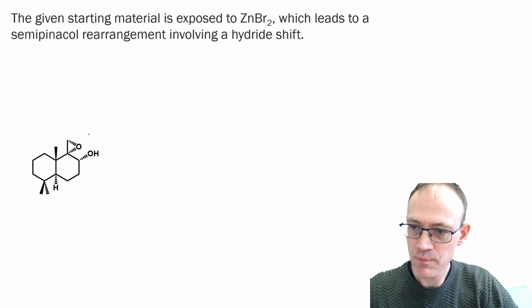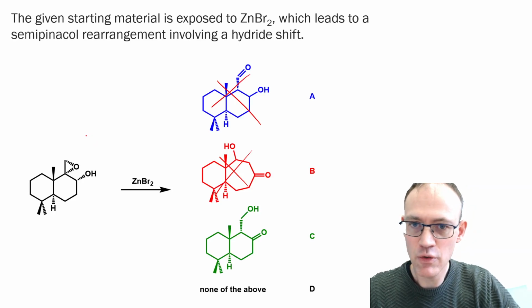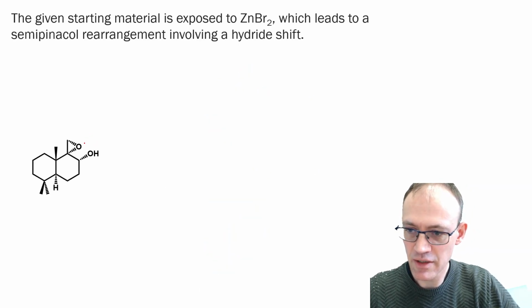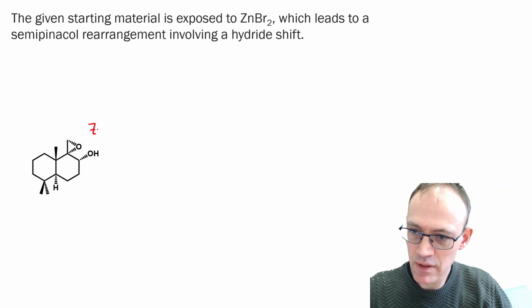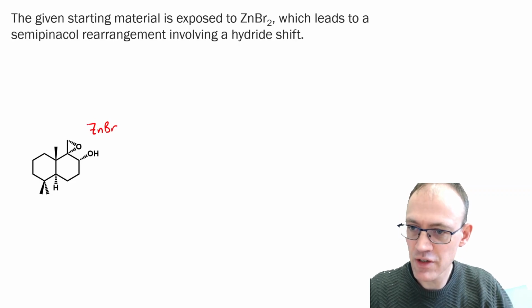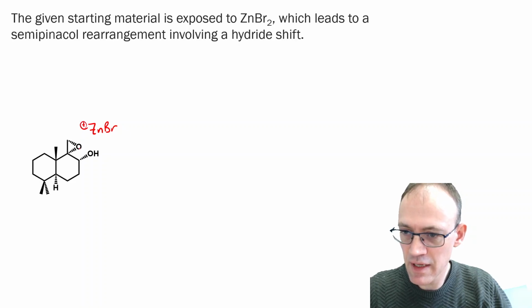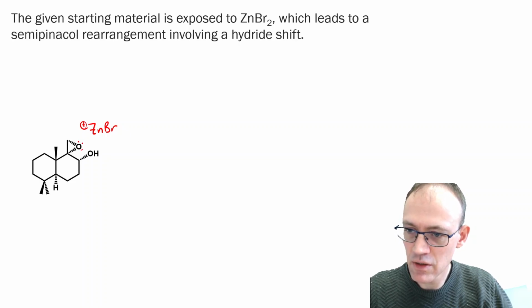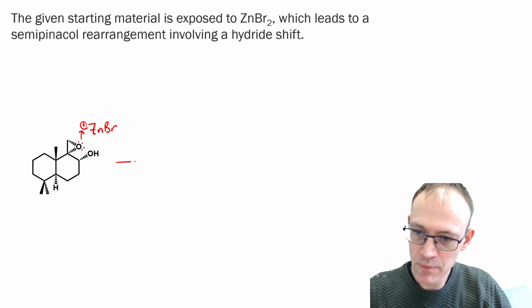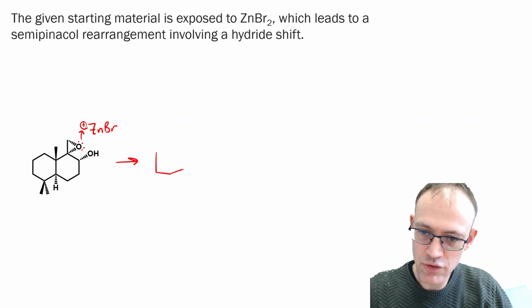So we are going to use our zinc dibromide, and I'm going to show this as this particular cation over here. A lone pair on the oxygen will interact with a positive charge, and that will lead to the formation of the tertiary carbocation.